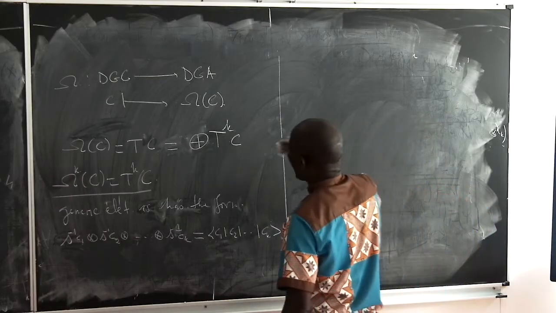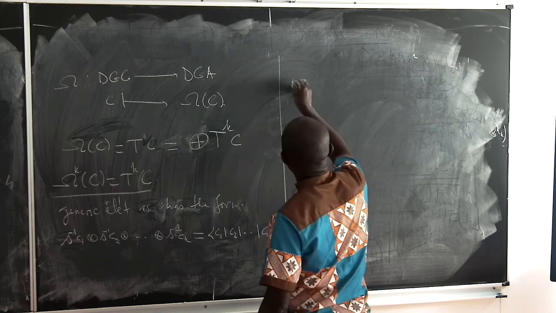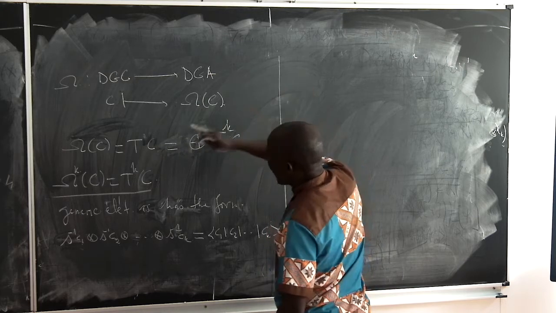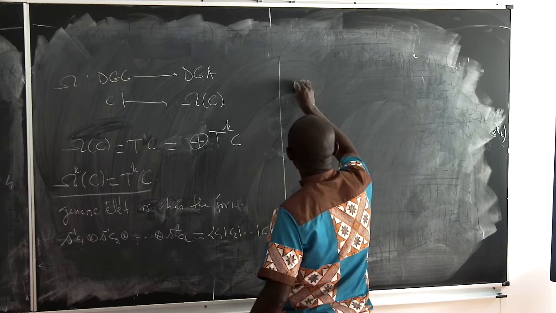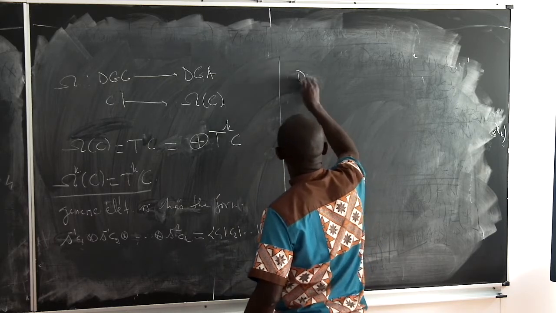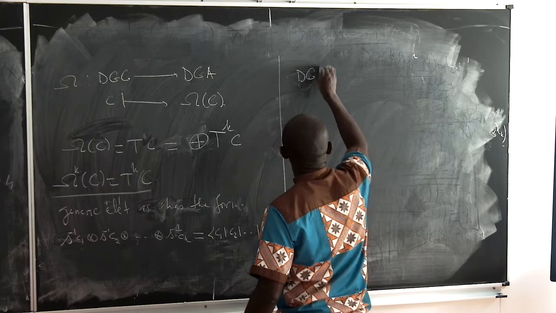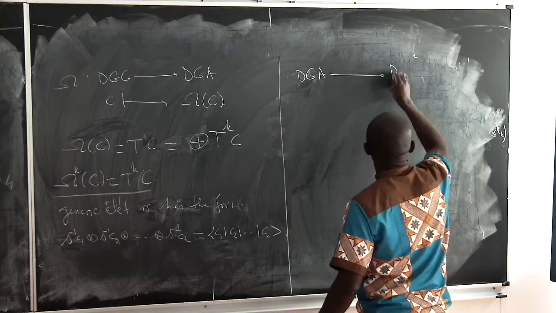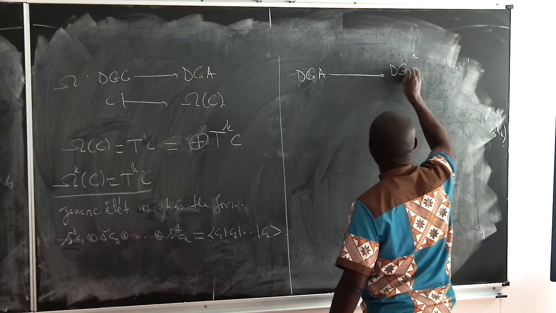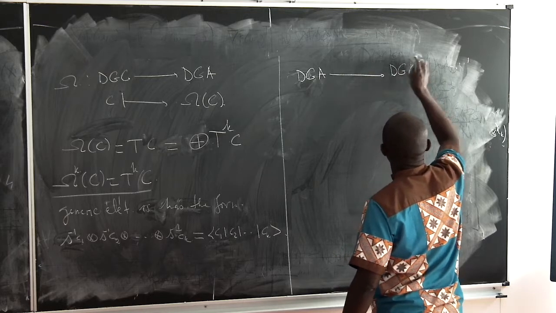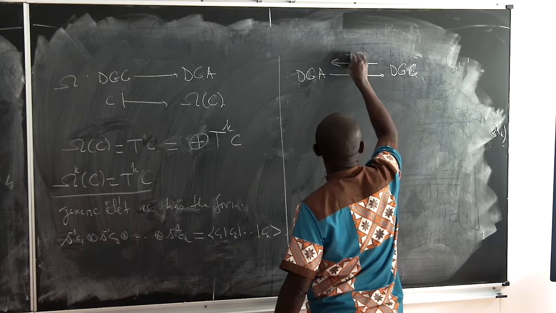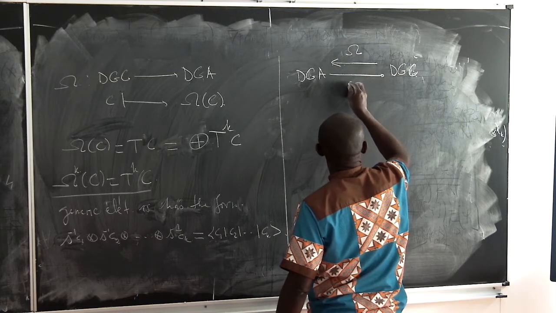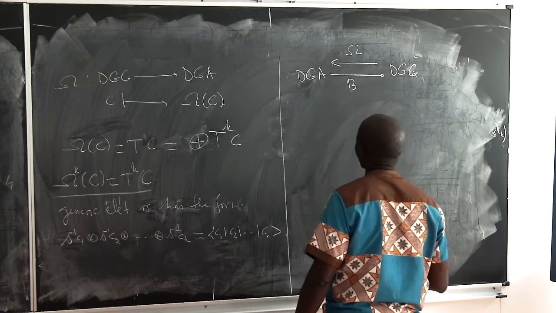Okay. I said before that the bar construction and the cobar construction are adjoint functors, meaning that here I have the cobar construction functor, and here I have the bar construction.